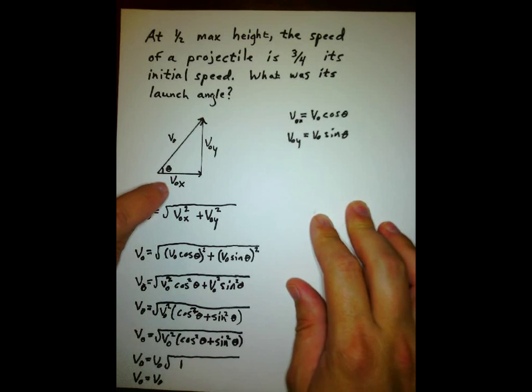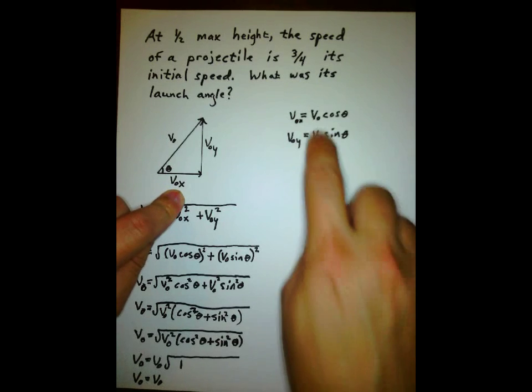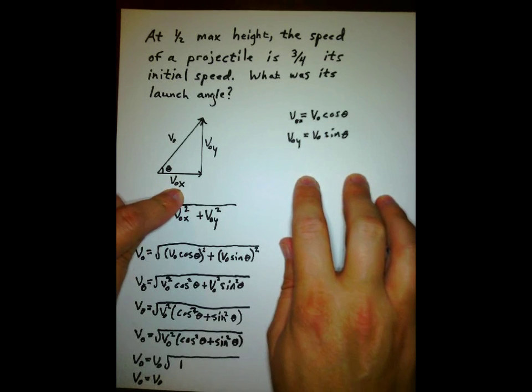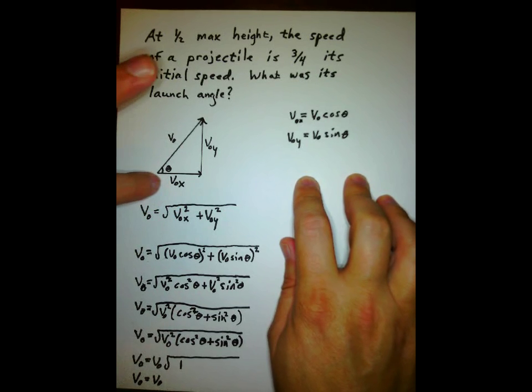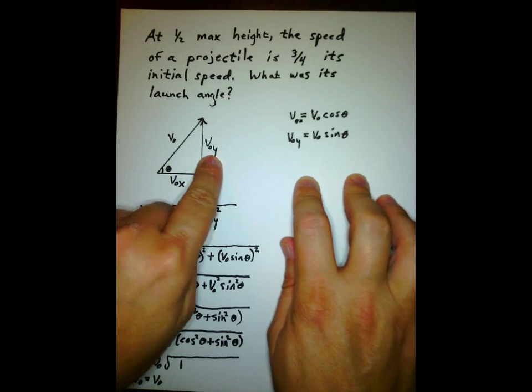So throughout this whole thing, our horizontal velocity is going to stay the same, right? Because our acceleration in the horizontal direction is 0. And 0 acceleration means the speed stays constant. So our horizontal speed is going to stay the same. What's going to change is our vertical speed.